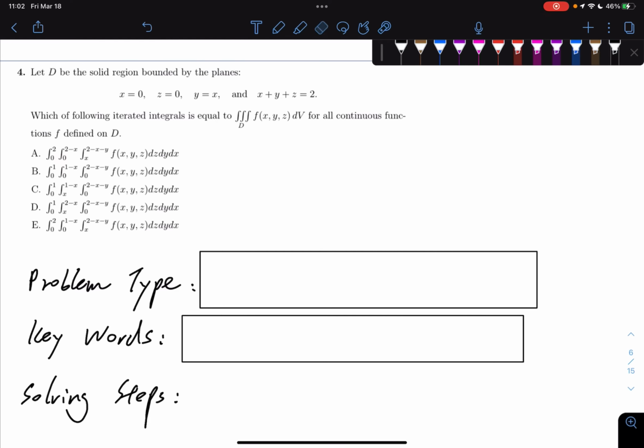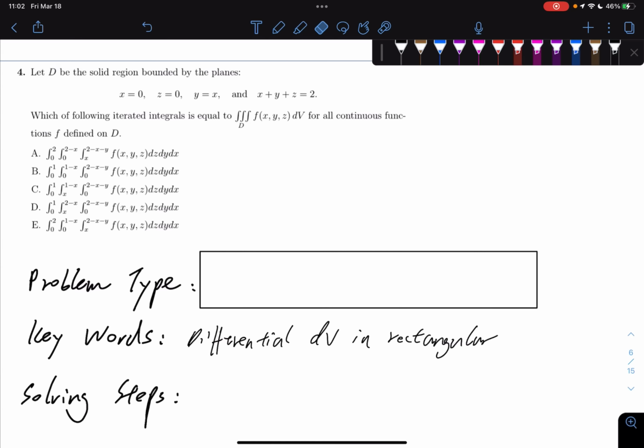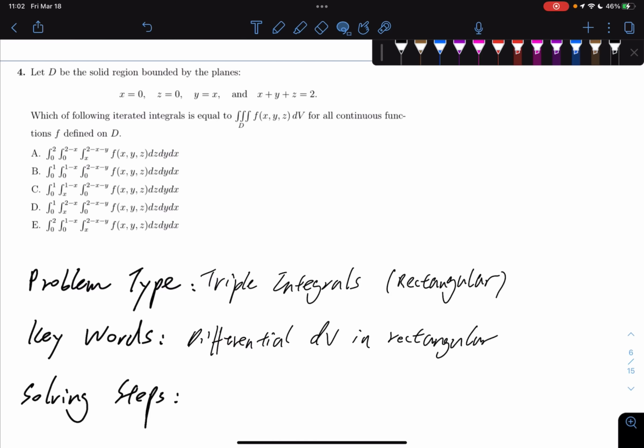The first thing that gives it away is the differentials, the dV's, are in rectangular, and this is pretty much all you need to know. Plus the fact that all of these bounds are expressed in rectangular Cartesian coordinates as well. So this is obviously a triple integral in a rectangular region.